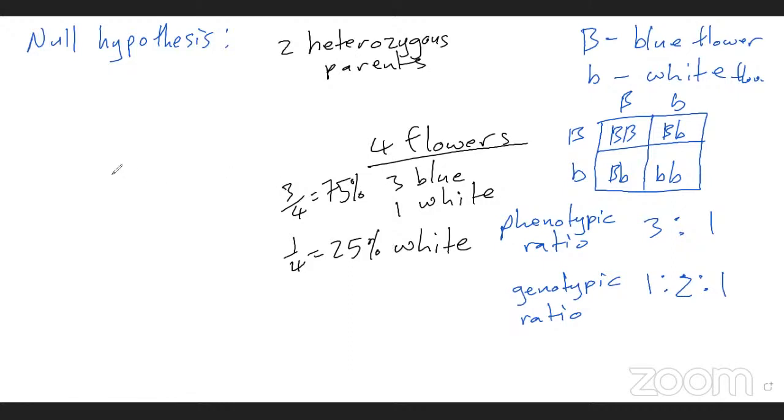So question, if you have 50 flowers, how many should be blue? If you cross two heterozygous parents and you get 50 offspring, how many of it should be blue and how many should be white? 49 blue, 1 white?